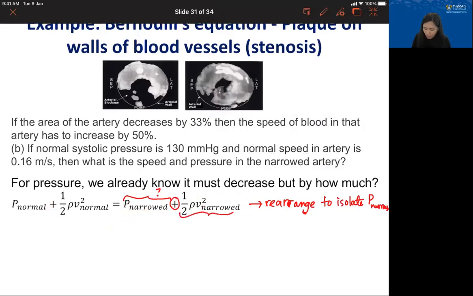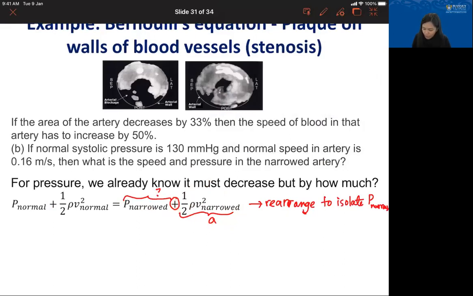You can replace it with a dummy variable A, and think of it as P narrowed plus A. To get rid of this, you need to do the reverse operation of a plus, which is a minus.